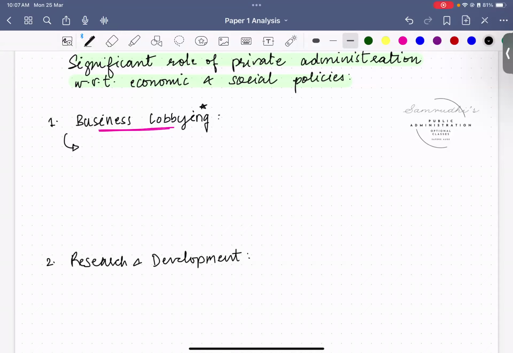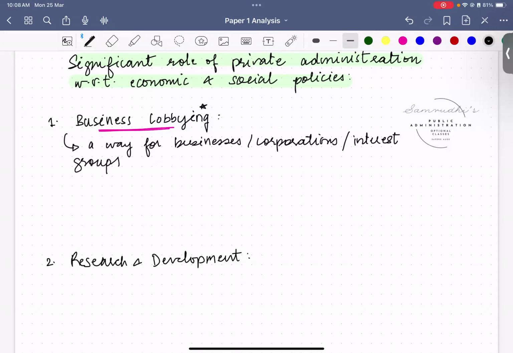I'm hoping that you've come across this term. It is a way for businesses, corporations, slash interest groups, to communicate with the government.